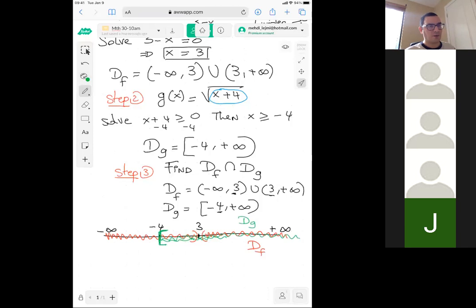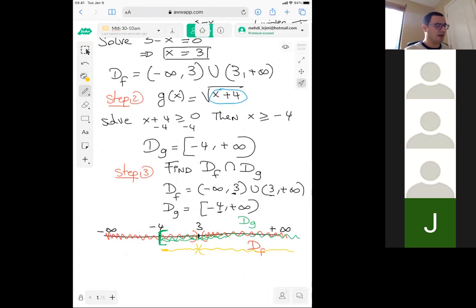The common domain would be the interval which is at the same time red and green. It goes from -4 all the way to positive infinity, except, of course, the positive 3, because positive 3 doesn't belong to the domain of f. So it's not common to the domain of f and the domain of g.